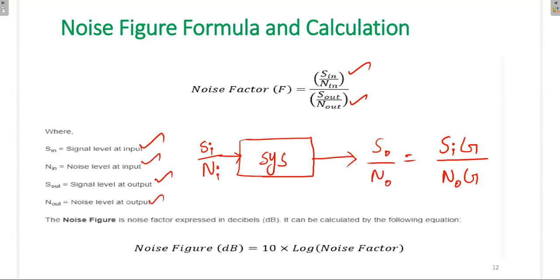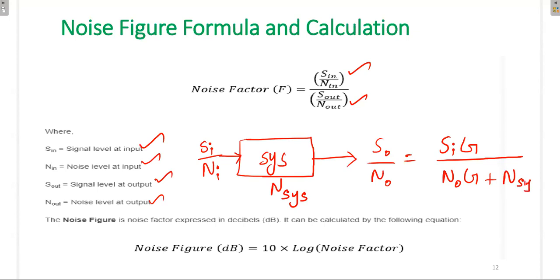In the process of demodulating the signal or doing signal processing at the receiver side, the system itself consists of mixer, amplifier and other things. The system itself will add some noise that we will denote as N system. So this N system is added to the output noise.